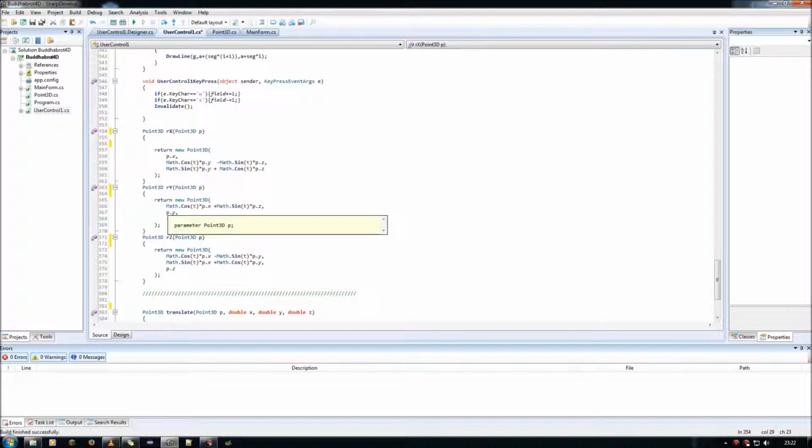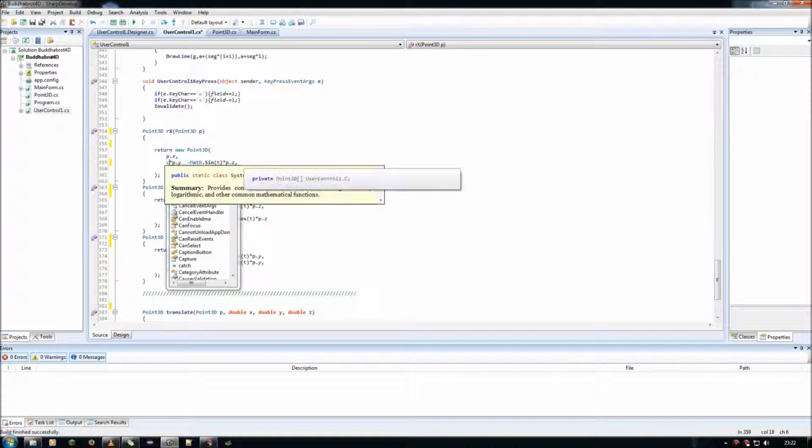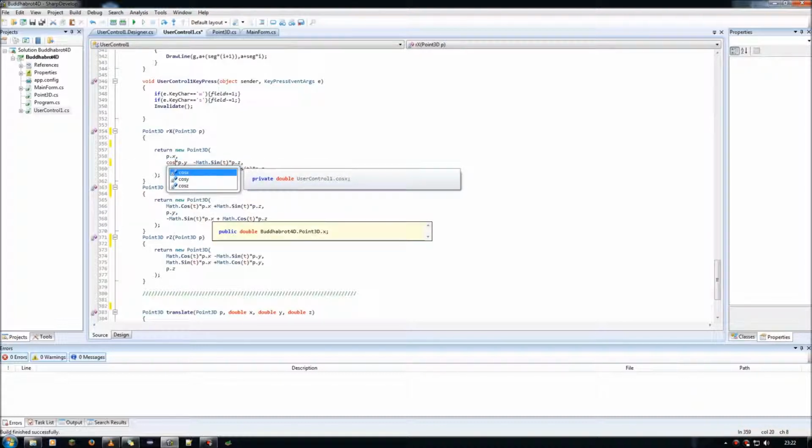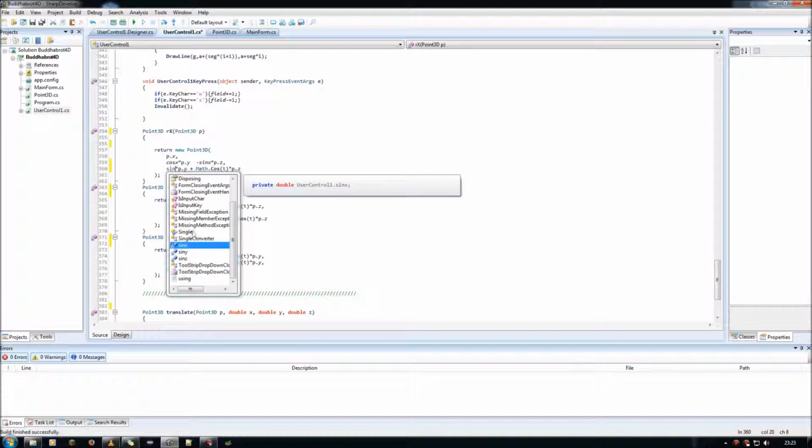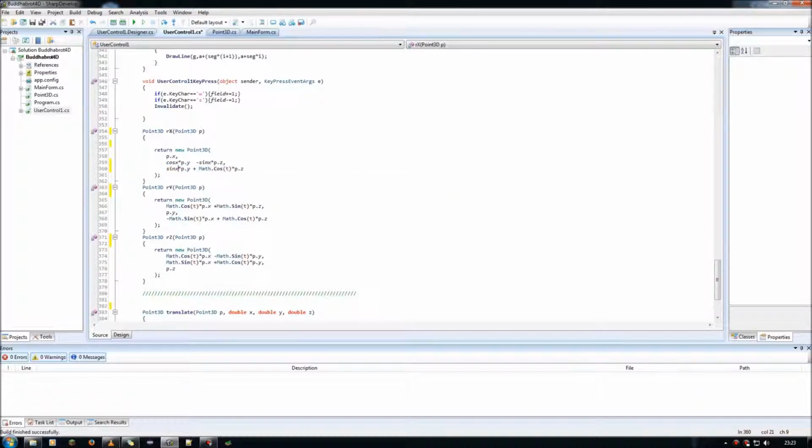So then we want this to be cosine x, this to be sine x, this to be sine x, and then cosine x.